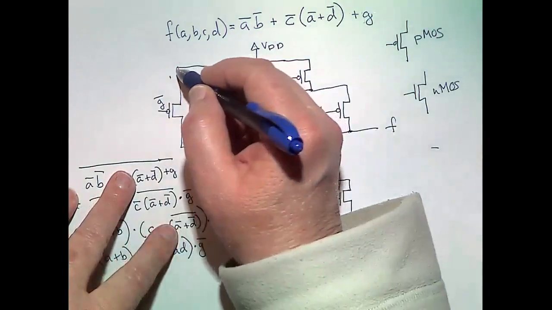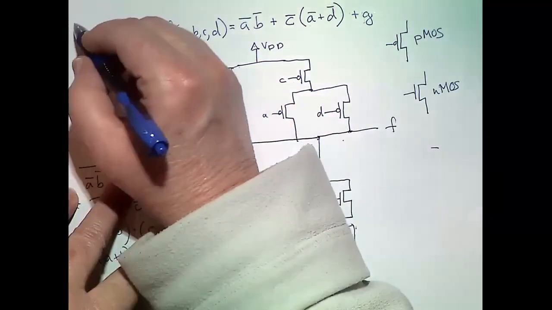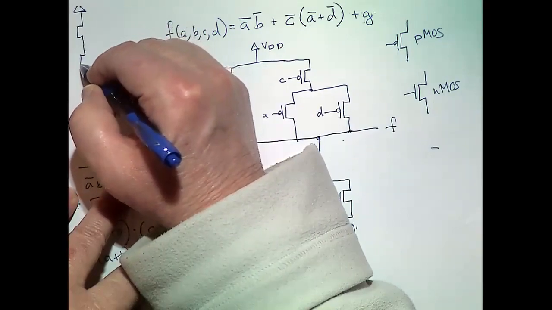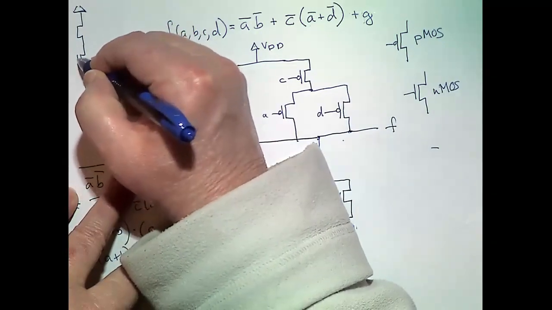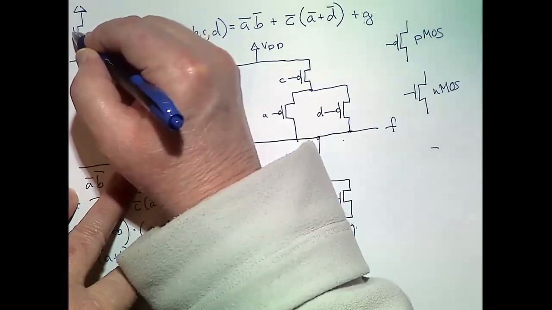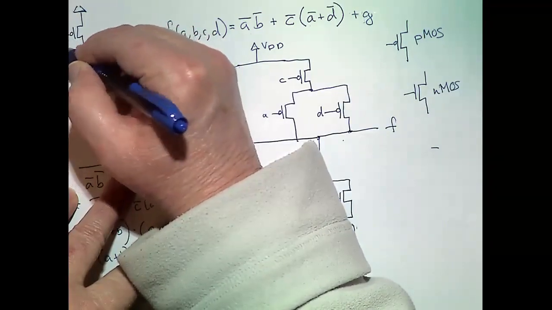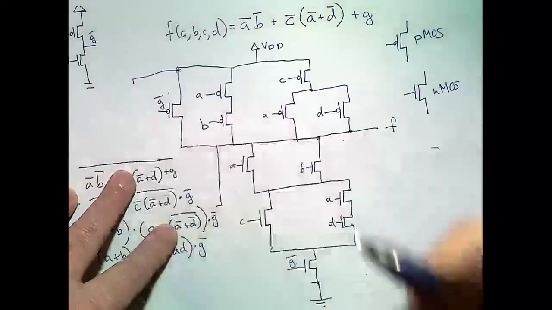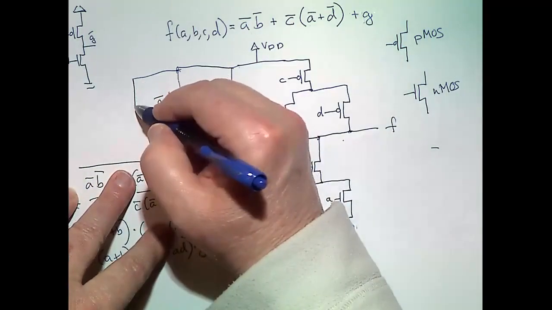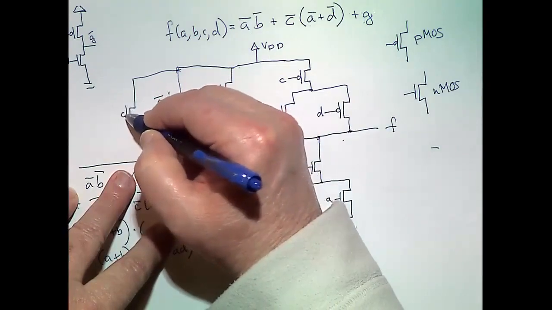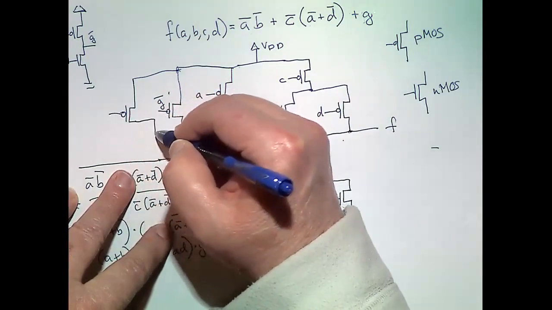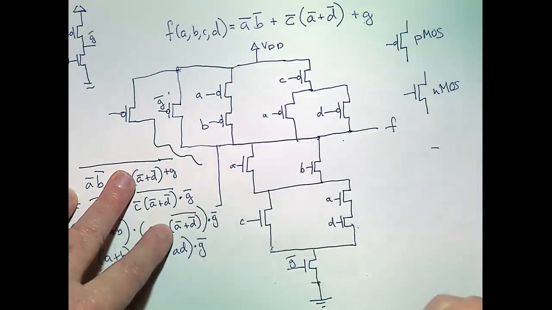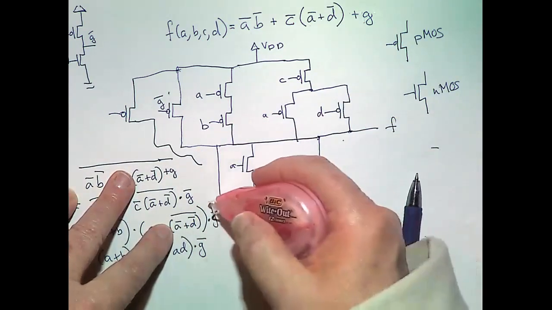Okay, so we have power here. An inverter is just a PMOS and an NMOS, right? And that would be G bar. So what I do here is I would make a PMOS transistor, and then I wire it down here.